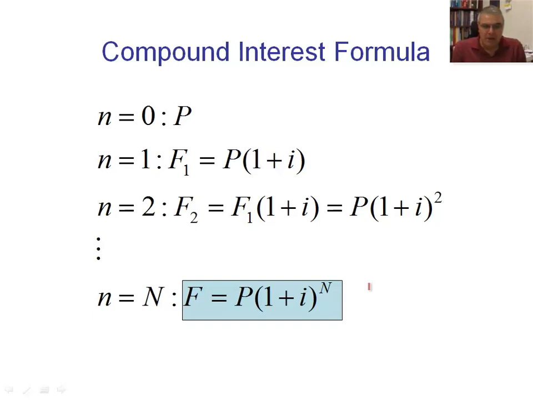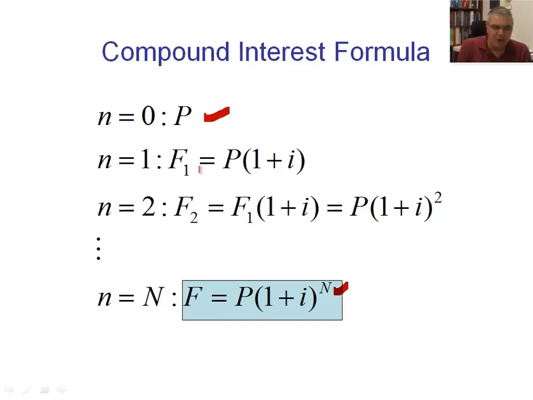The higher the n, the higher the exponential power, so with (1 + i)^n, the bigger the n, the larger F would be.